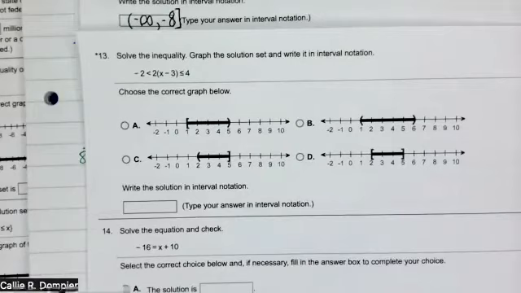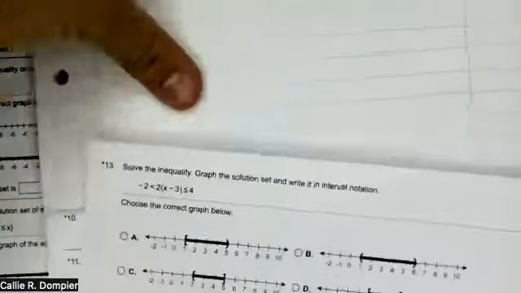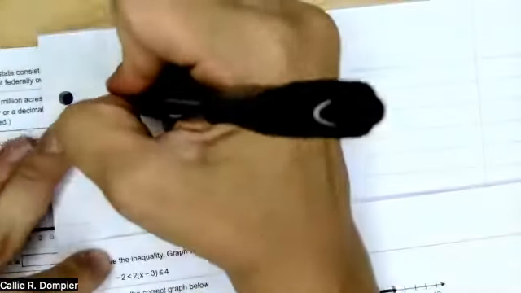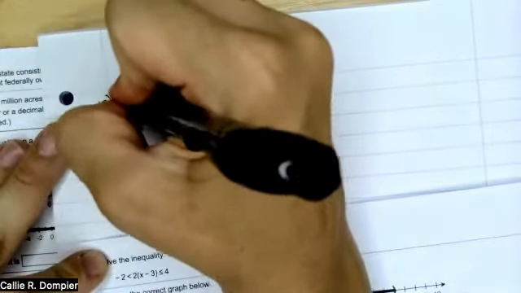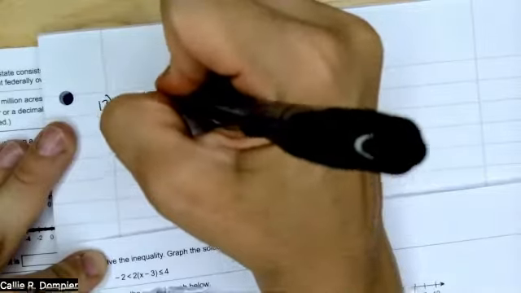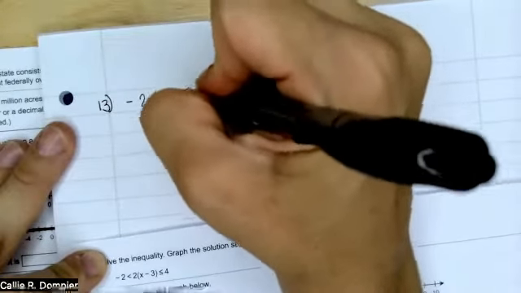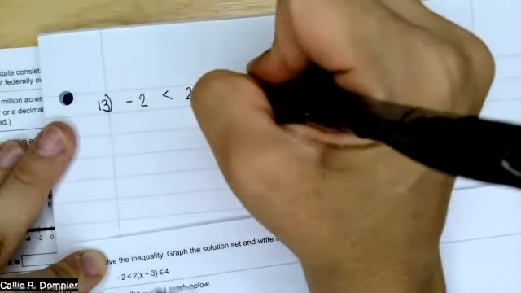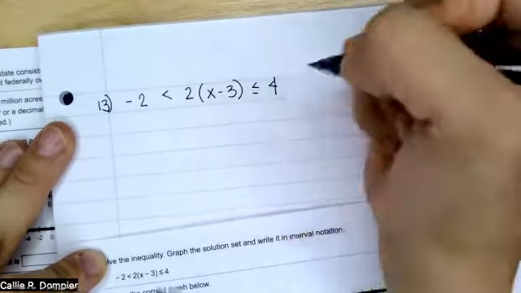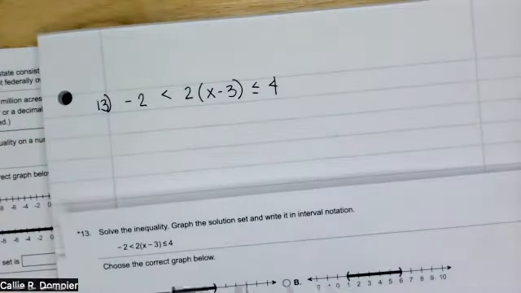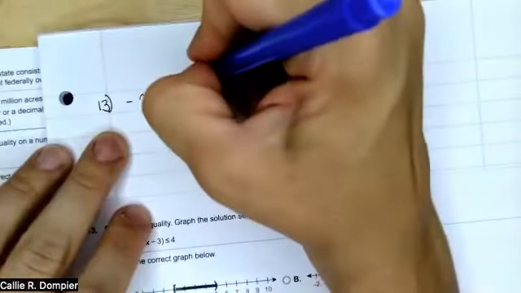Here's another one. Now we need to solve for x, okay? It was -2 is less than 2 times (x minus 3) is less than or equal to 4. Good? All right, let's distribute the 2.